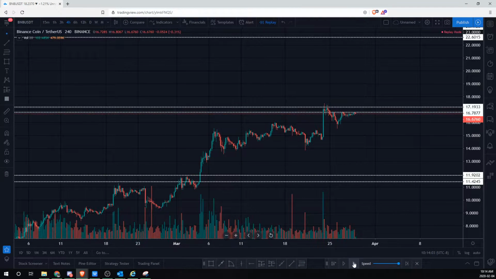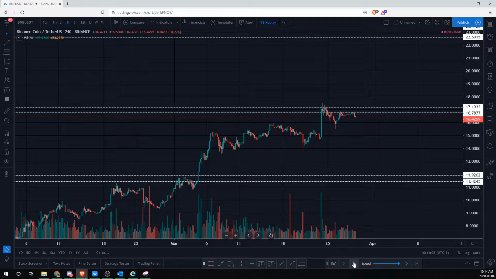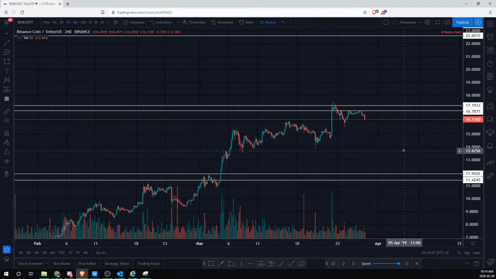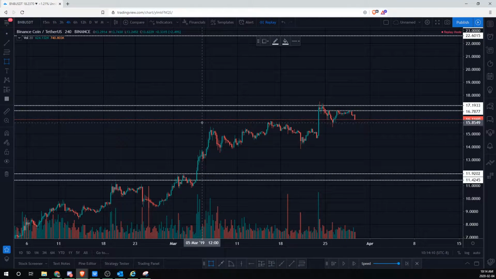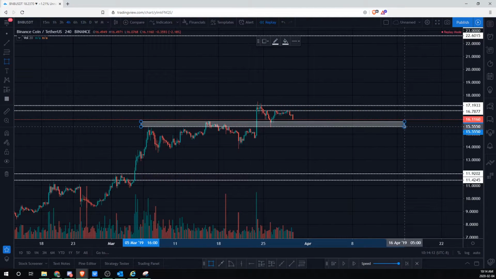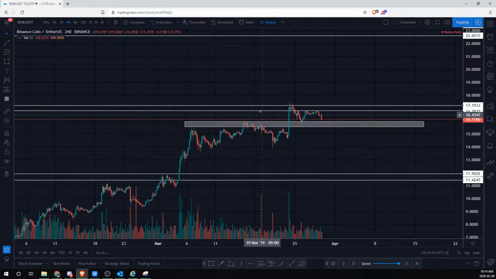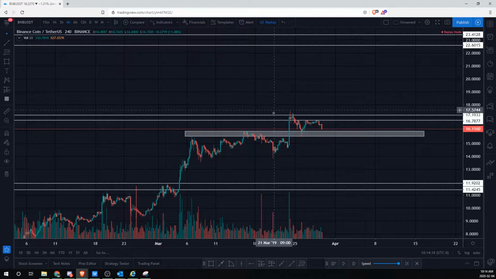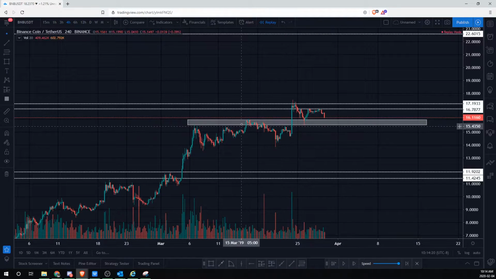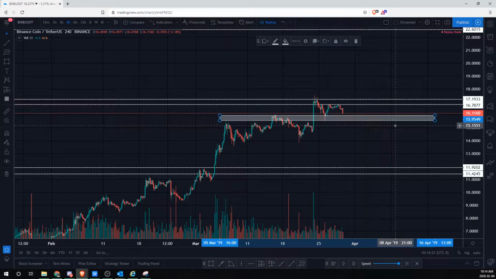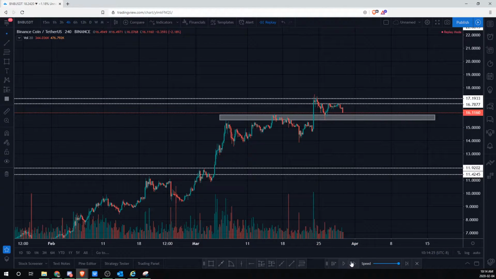If not, we are not going to enter, and there's going to be no sweat about it. But overall, we're looking for a potential move to the downside, and let's put this level of support there because it has been proven to be a level of significance. So we're basically squeezing between a key level of supply, which is right here, and a minor level of demand, which is our gray rectangular zone. So let's just see what the price action does.